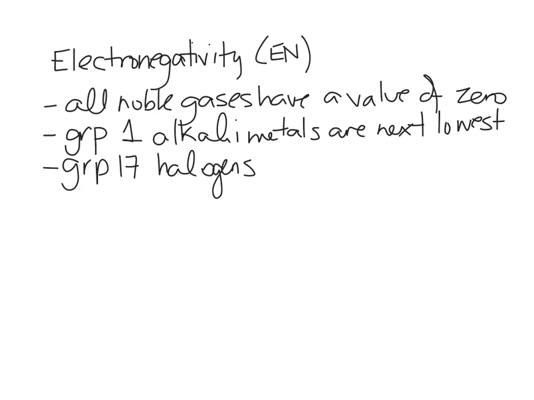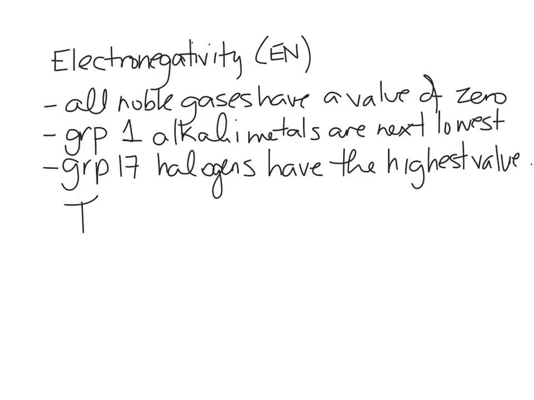The halogens have the highest value. So, the smaller you are, the more control you have over other atoms' electrons.